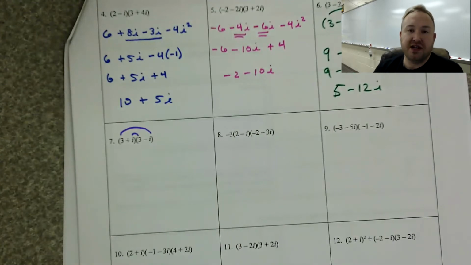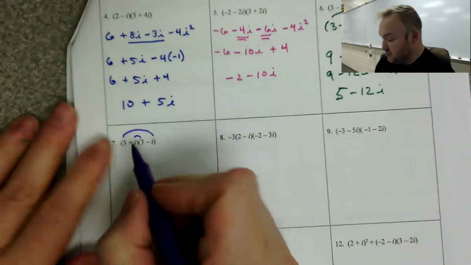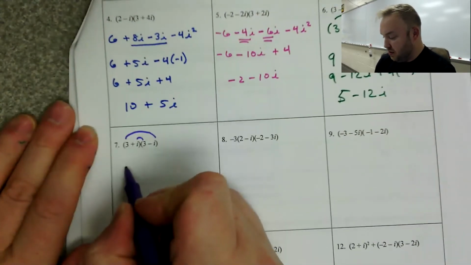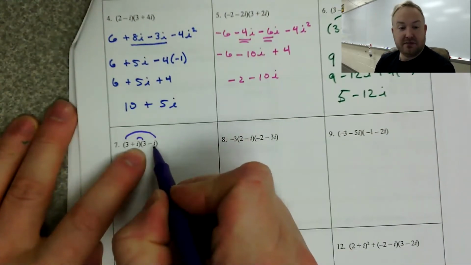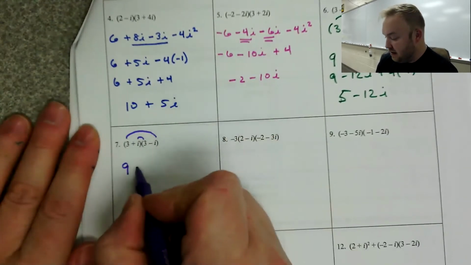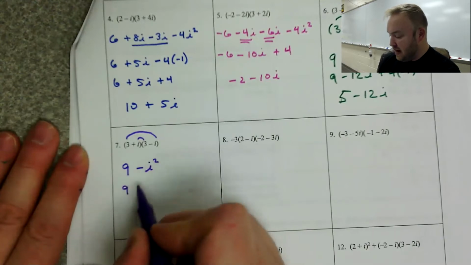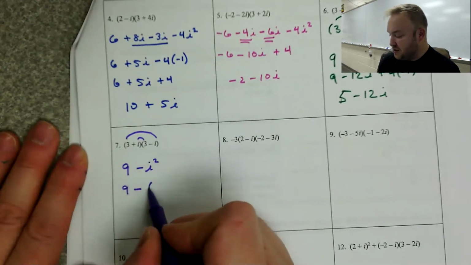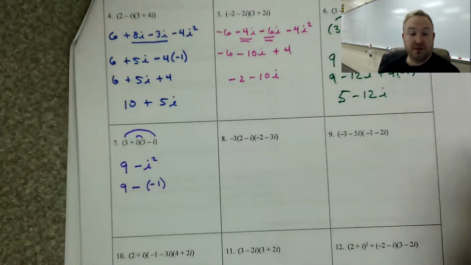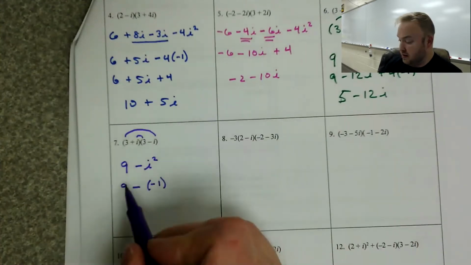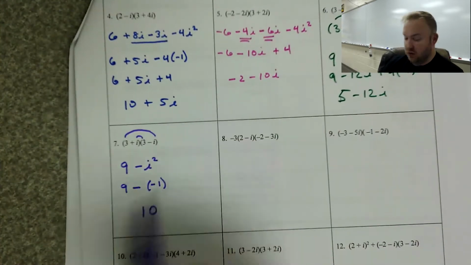And so there's just no reason to do the O and the I step of the FOIL. So I'm just going to do first times first, 3 times 3, which is 9. Last times last, +i times -i is -i squared. So we start with 9, and we're subtracting i squared, which means we're subtracting -1. So this is really 9 plus 1, which is 10.